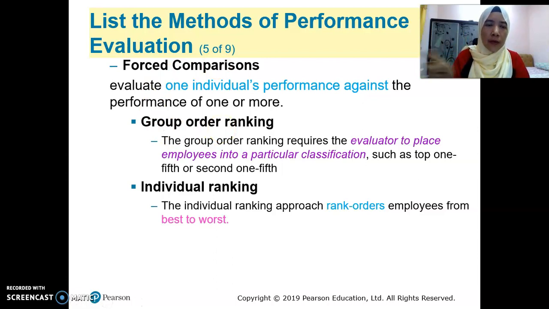For example, among 5 employees, how these employees are ranked among all these 5. Or if they have 10 employees altogether, they will rank whether the employee is 9 of the 10 or 7 of the 10. If they have 5, they will rank based on these 5. What is the position of these employees that they rank? So that's group ranking, while individual ranking is just best to worst.